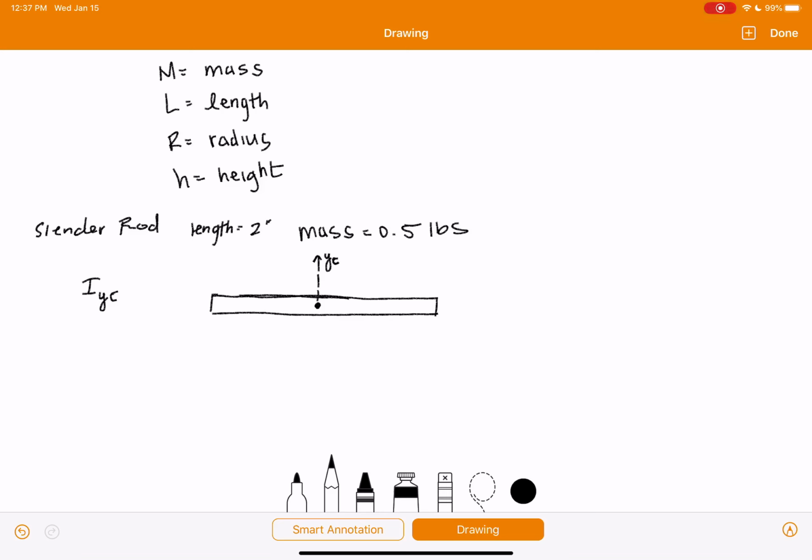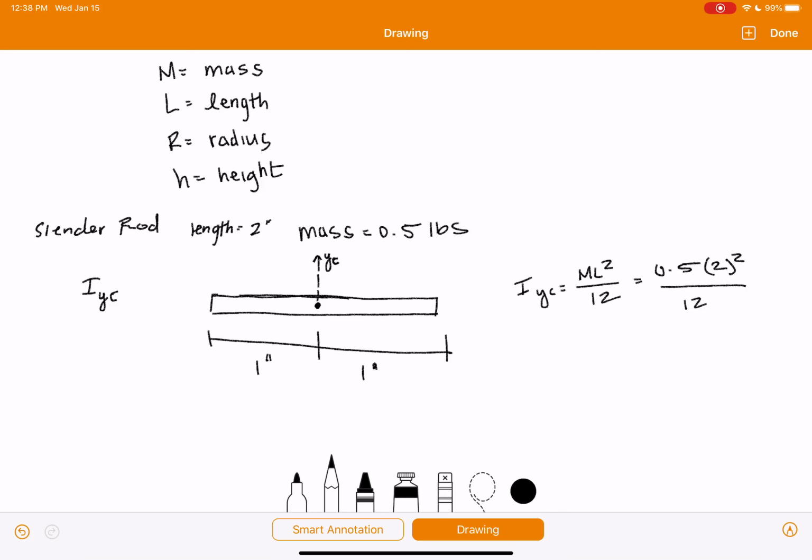Now for our particular rod, this would be 1 inch, this would be 1 inch. Again, you look up in the table and you can see that IYC equals ML squared over 12. So that would just be 0.5 times 2 squared over 12.